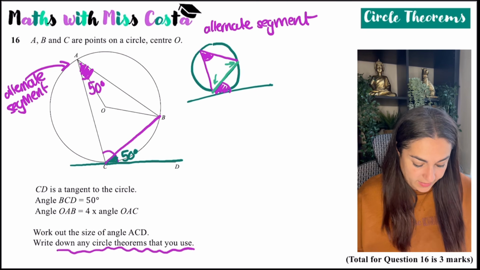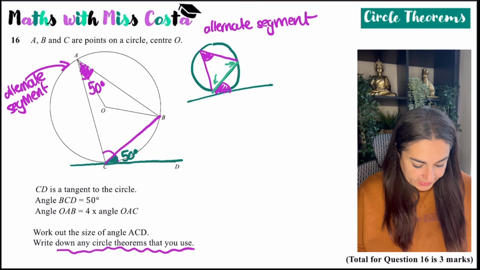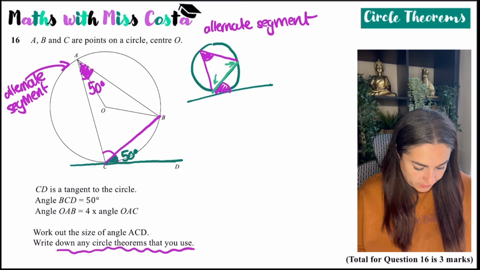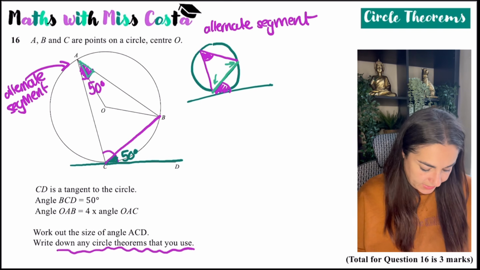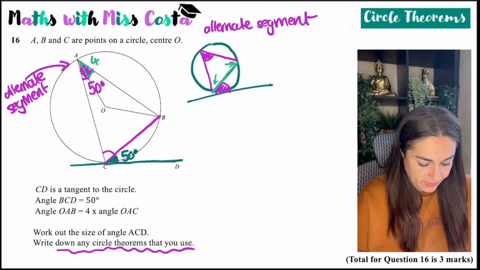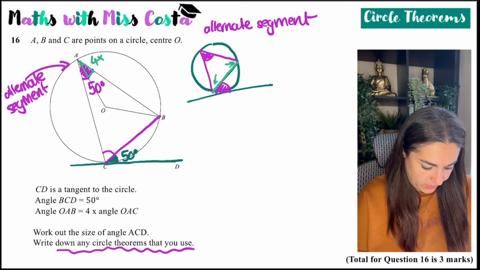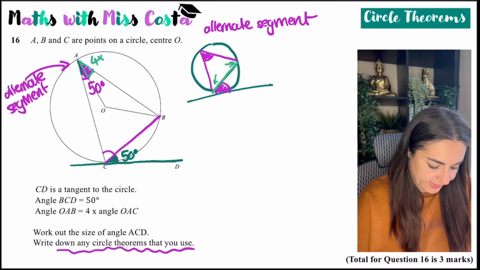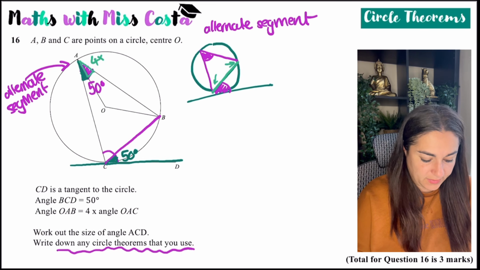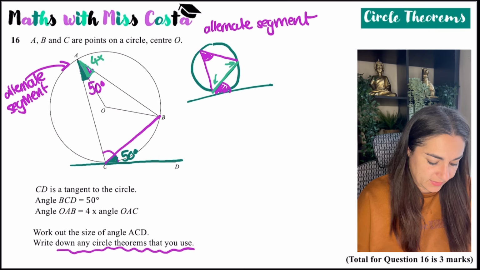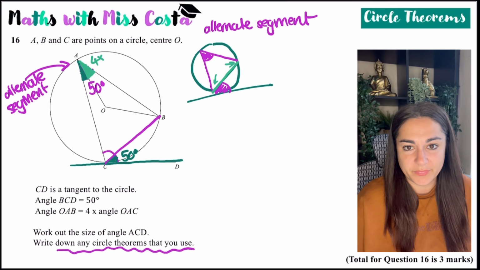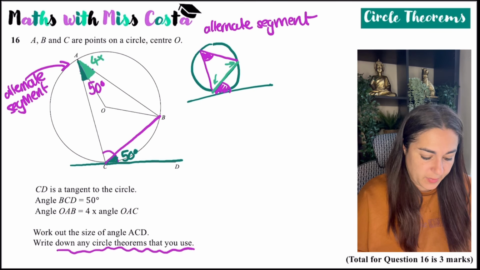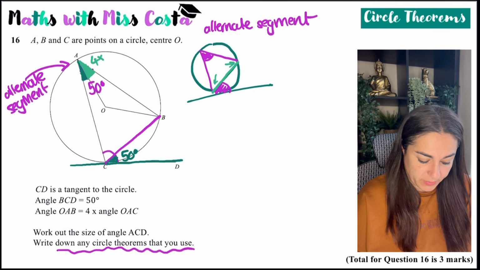So we know that. The next thing that we know is that angle OAB, so this angle here, is 4 times angle OAC, which would be this angle here. So essentially this 50 degrees is being split up into these two angles here. Now, if you don't intrinsically know what to do, the best thing would be to form an algebraic expression.